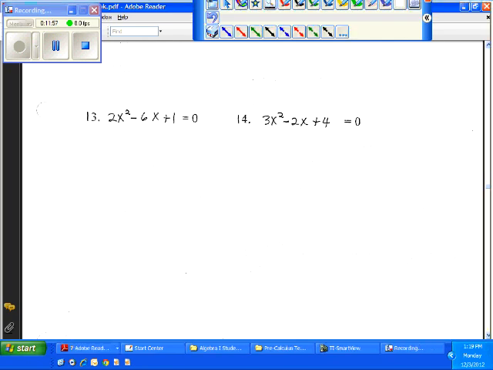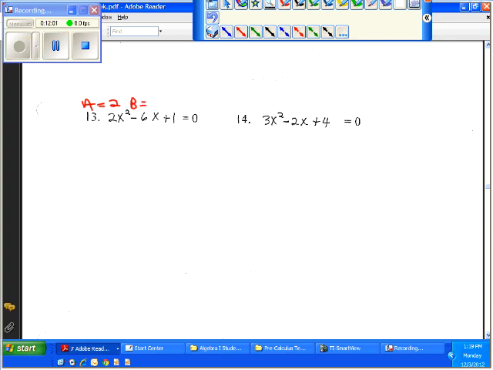Number 13, the a of my quadratic is 2. The b of my quadratic is negative 6. Good. And the c of my quadratic is 1. So x is equal to the opposite of b. B was a negative, so that makes it a positive.